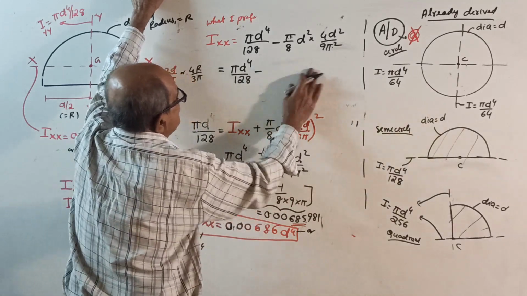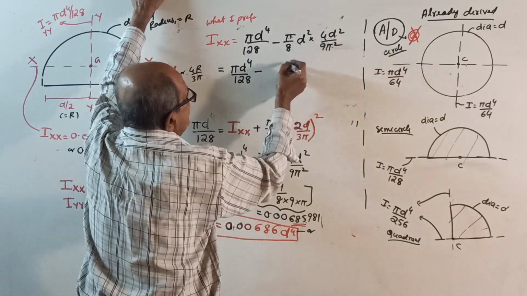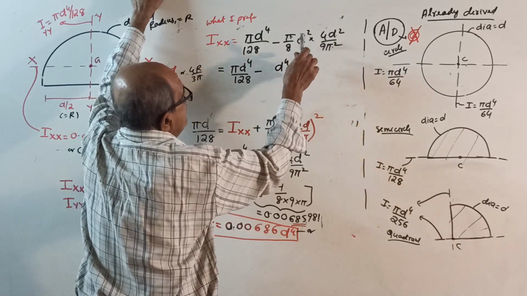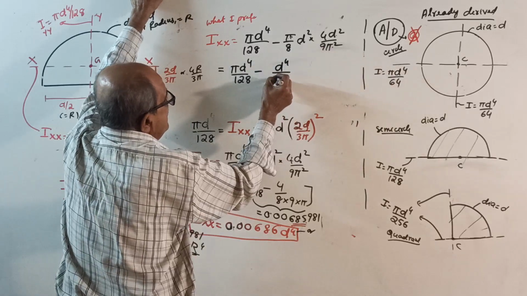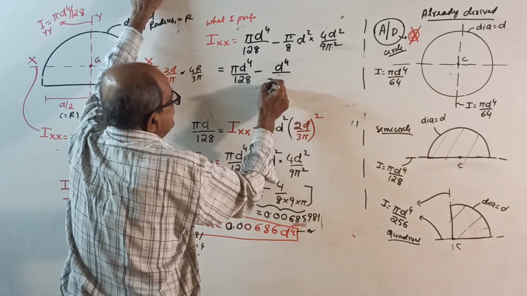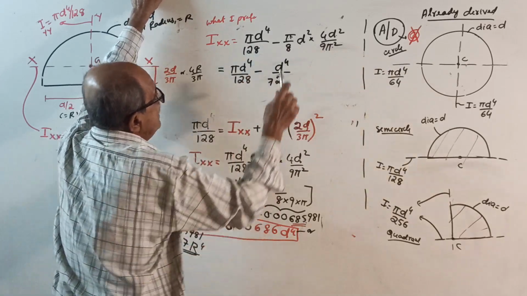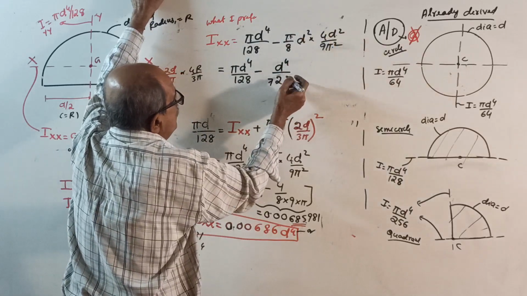What is this one? D square into d square is d power 4. D power 4 by 9 into 8, 72. So d power 4 by 72.